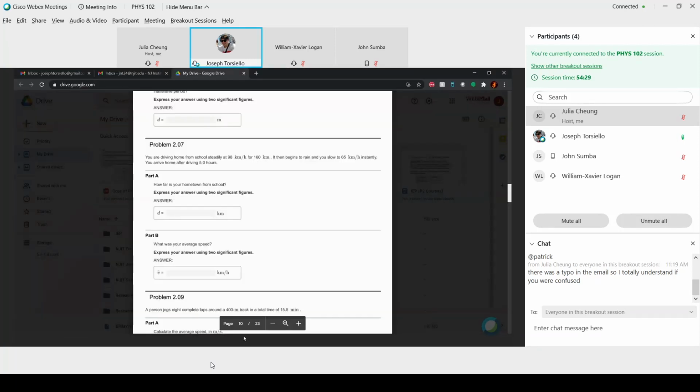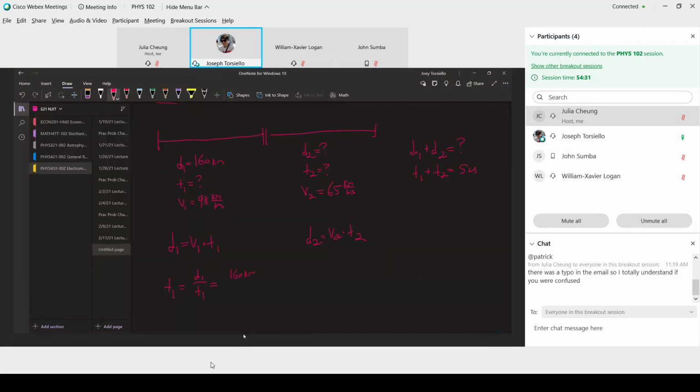D1 was 160 kilometers over 98 kilometers per hour, so you can get the amount of hours that this takes. It may be better to write it as the division of fractions, because I don't know how used to this you guys are. So 160 kilometers over 1 times one over the speed would be, what was it?